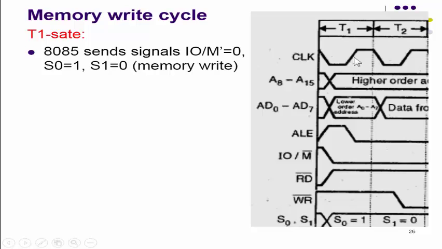like the previous timing diagram, 8085 sends the signals IO/M bar equal to 0, S0 equal to 1 and S1 equal to 0, which indicates memory write machine cycle. These signals get controlled by the 8085 microprocessor.